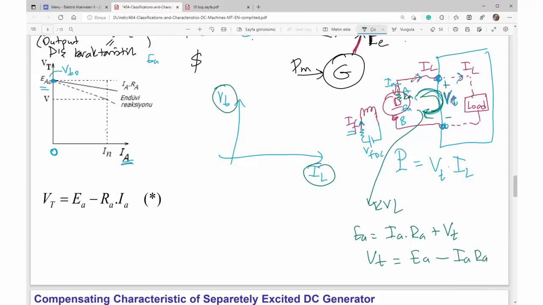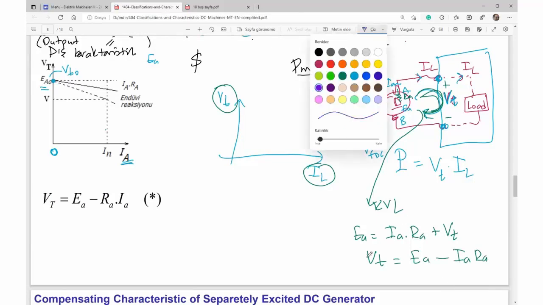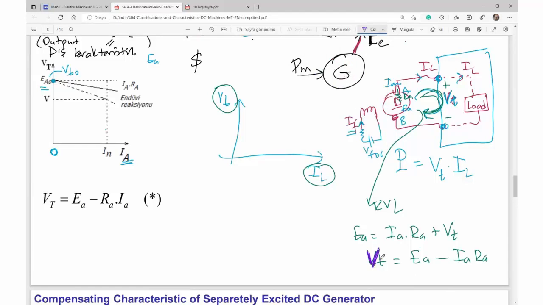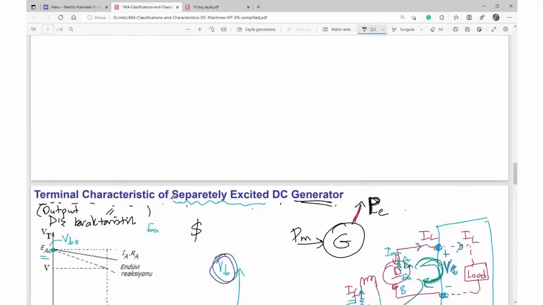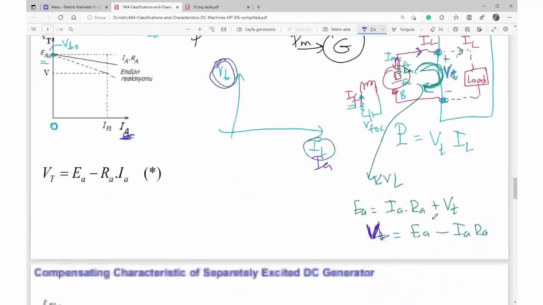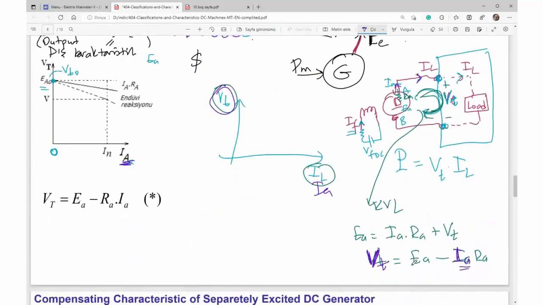You observe the parameters: VT, here it is, and armature current or load current. Those are identical in a separately excited machine. The same current flows. So, you should draw armature terminal voltage with respect to armature current.